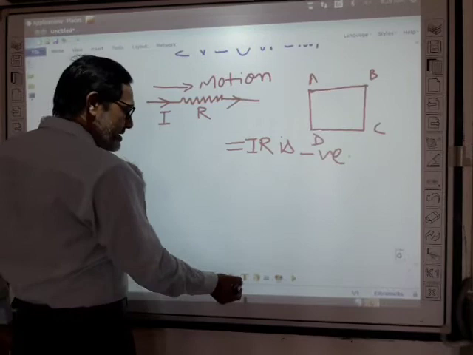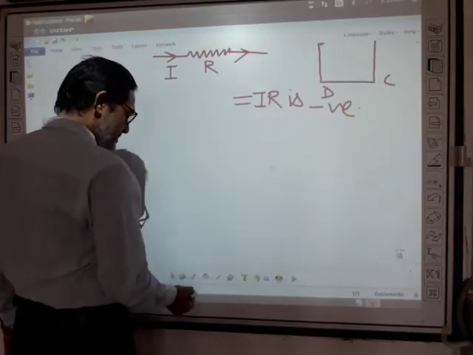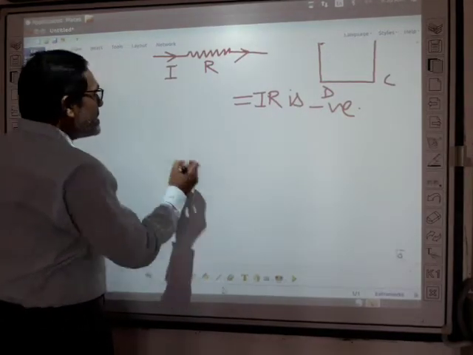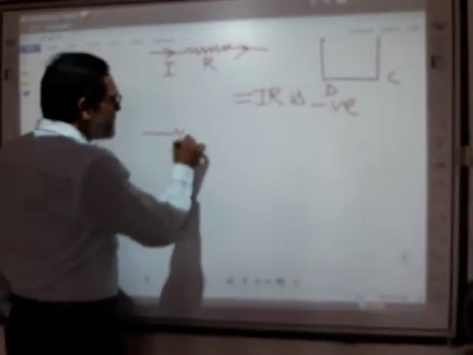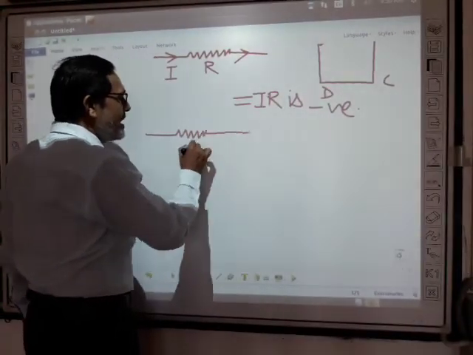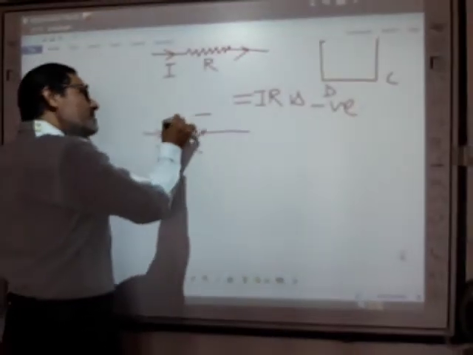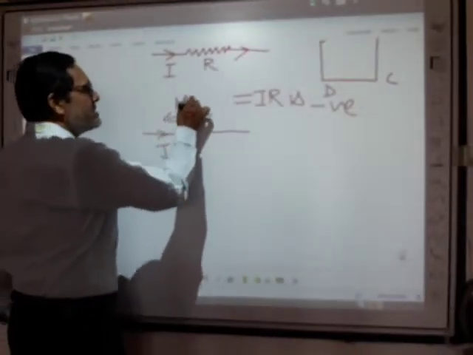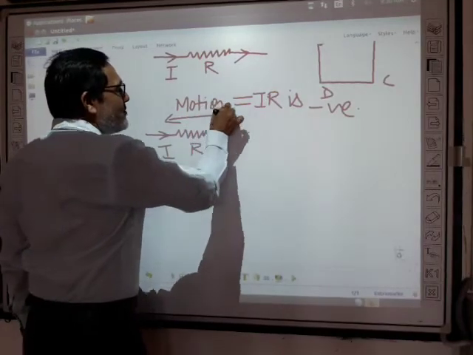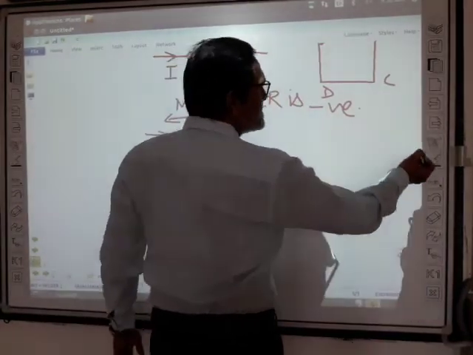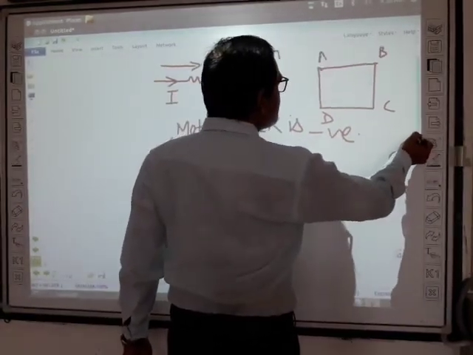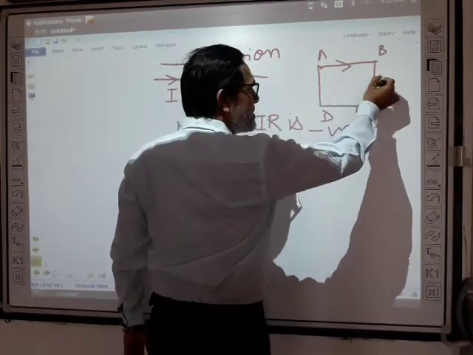For the other way, suppose resistance R, current is the same but motion is opposite. For example, in this one you can see the direction of the current is this.